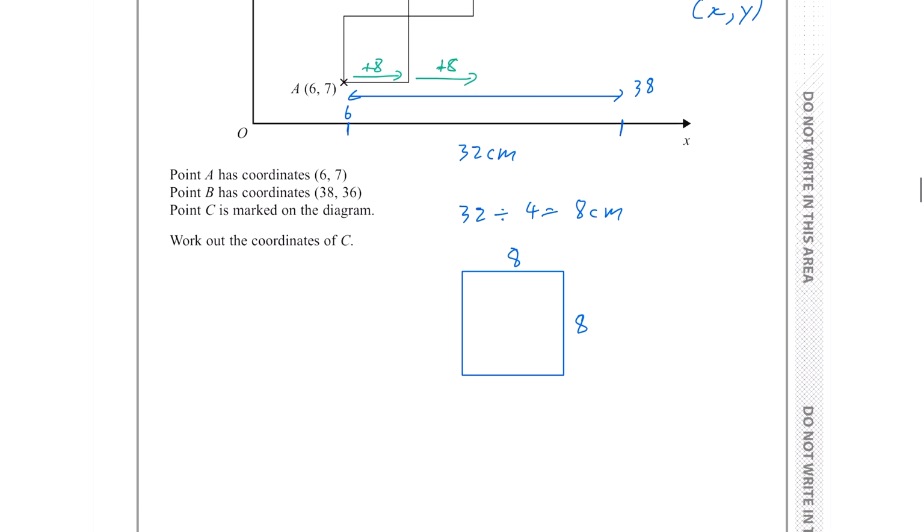So if I come down here, I know x at A is 6, and then I need to add 8 and add 8 to get to C, so I'm working out point C. So the x-axis will be 6 plus 8 plus 8. We know 8 plus 8 is 16, and we can add that to 6 to give us 22.